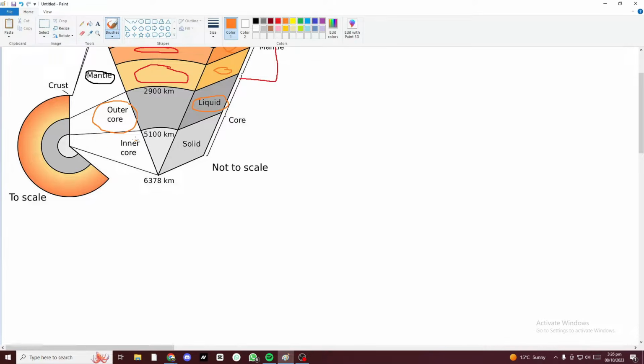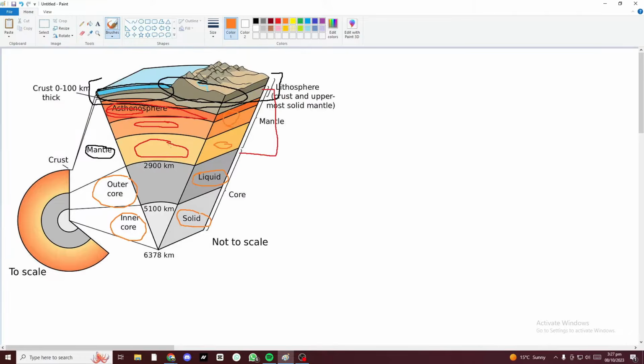And then here's the inner core, right at the center of the Earth. It's the innermost layer of the Earth and is about 6,300 kilometers deep. It is composed of solid iron and nickel, so the inner core is solid. And it is solid because of the immense pressure acting down on it.